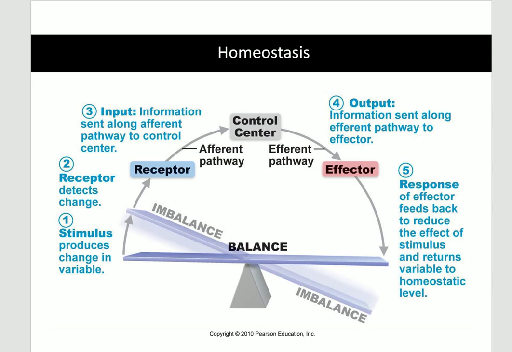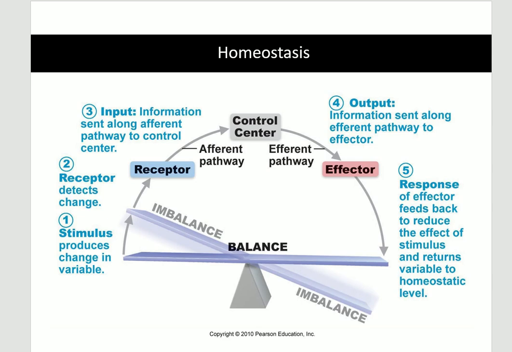So let's discuss what happens if a stimulus causes some sort of imbalance. The stimulus throws us off balance. A receptor is going to pick up on that change, right? We're imbalanced, the receptor picks that up. It's like, oh, hey, something's wrong here, and it senses that something is off. So that information is then sent to a control center that is usually the brain.